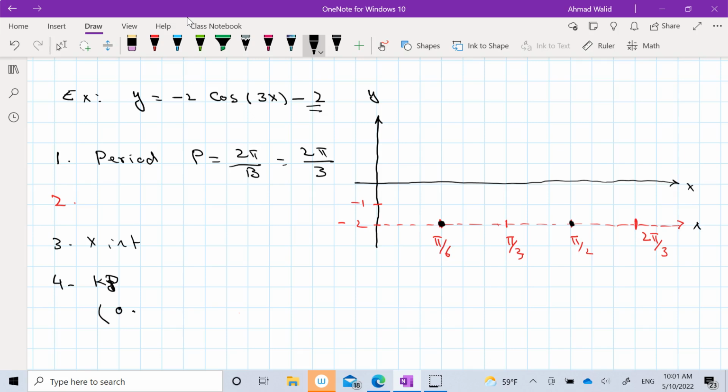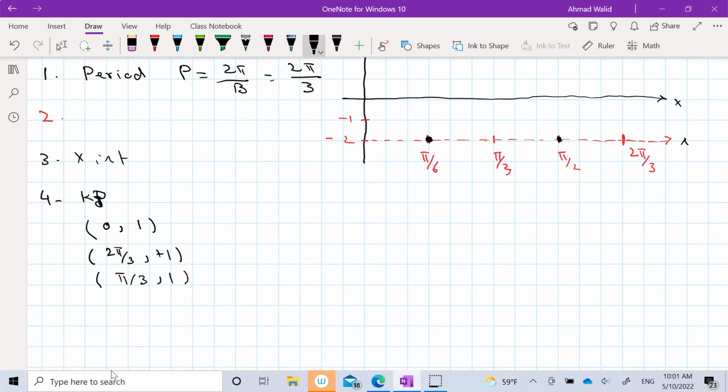Which is 0, comma, 1, the original one, and the end, which is 2 pi over 3 and negative 1. And also your center, which is pi over 3, this is positive 1, this is negative 1.